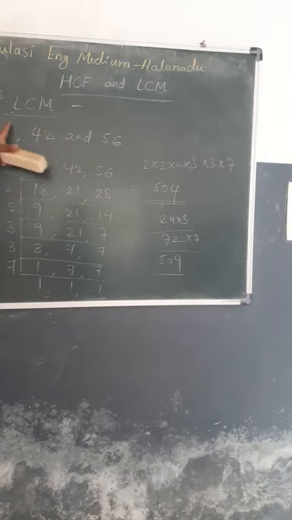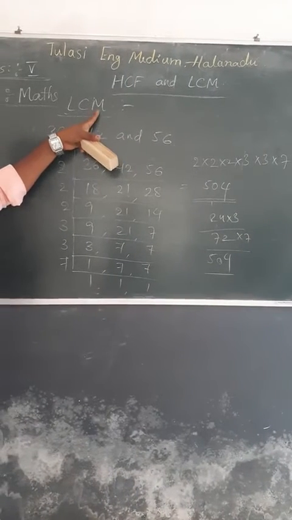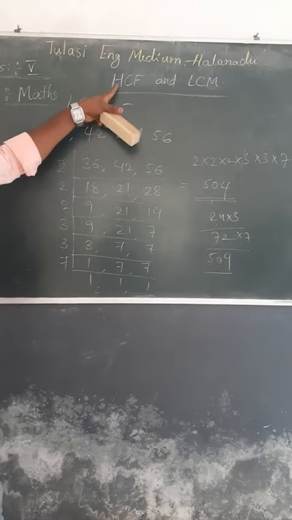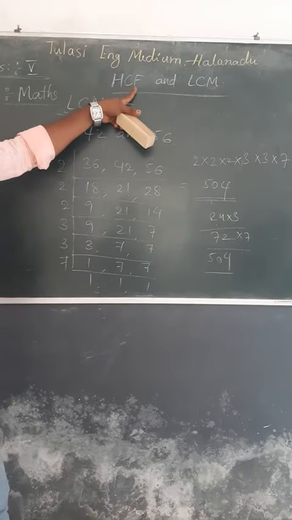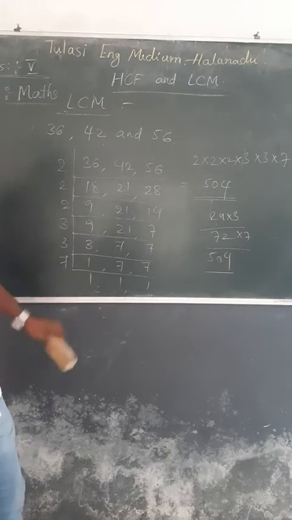It's the LCM of these three numbers. Least common multiple, not factors. HCF is highest common factor, but this is least common multiple.